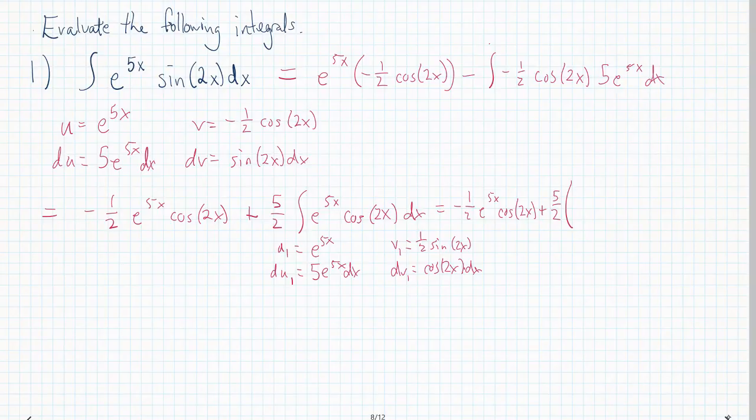It goes u1 times v1, so that'd be e to the 5x times 1/2 sine of 2x minus an integral of v1 du1, so it'd be minus the 1/2 sine of 2x 5e to the 5x dx.